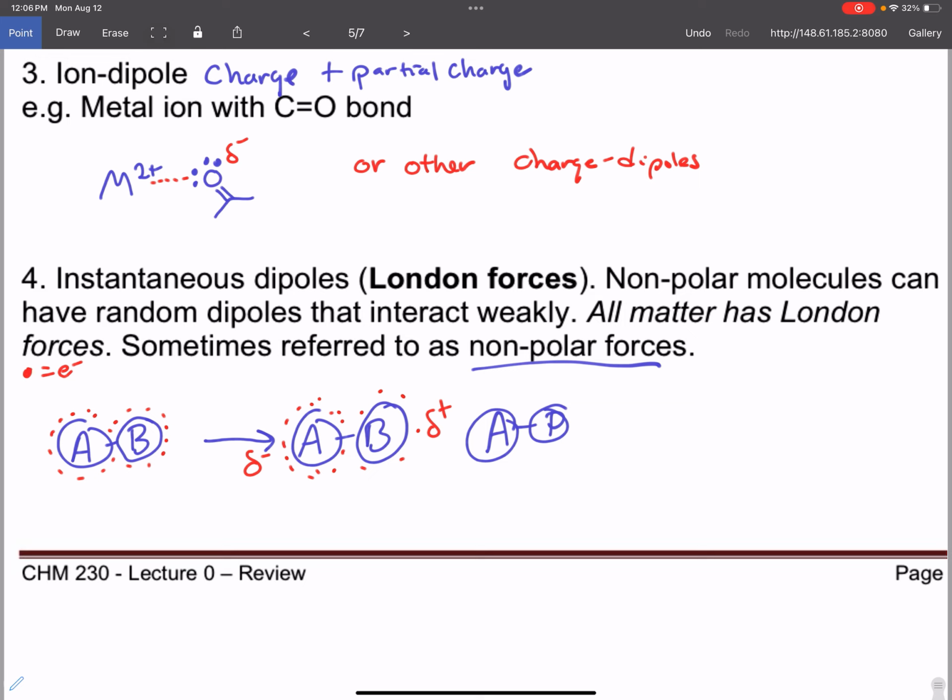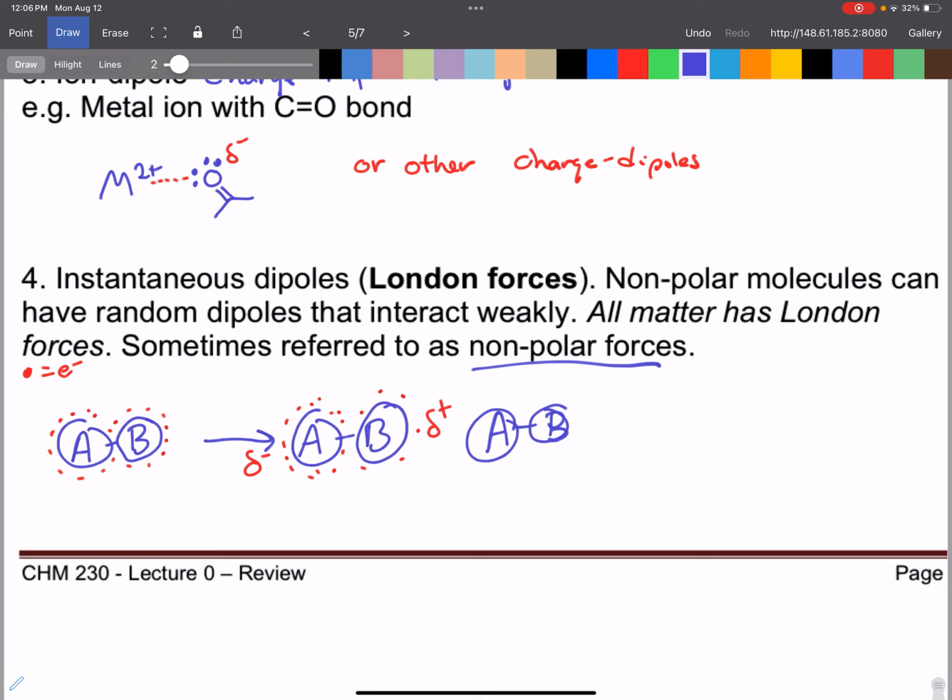And just because this has this partial positive charge, it's going to induce a dipole in this neighbor molecule. So now this partial positive is going to kind of pull electrons toward itself, and we'll end up with a similar situation where now we have more electrons on A and slightly fewer around B. So now we've got a partial negative here and a partial positive here.